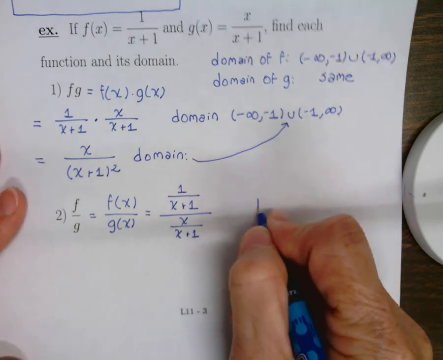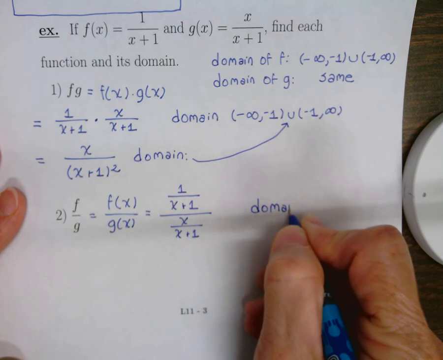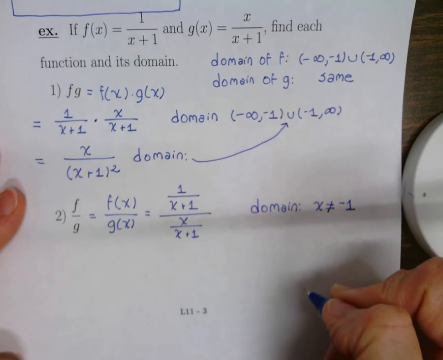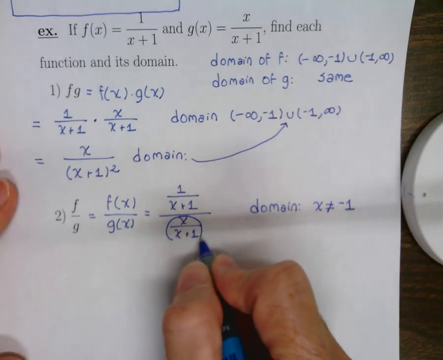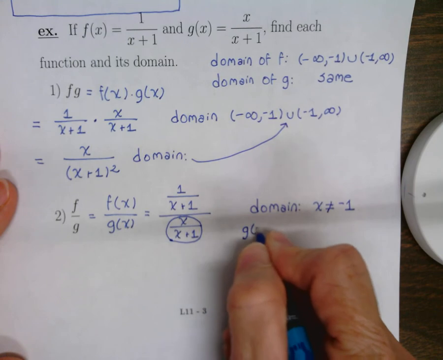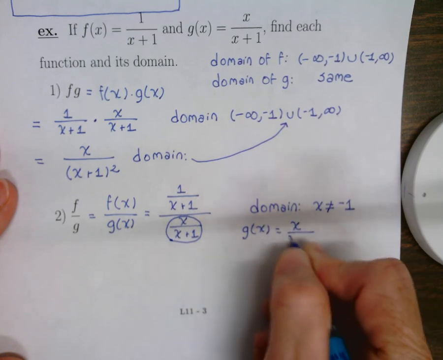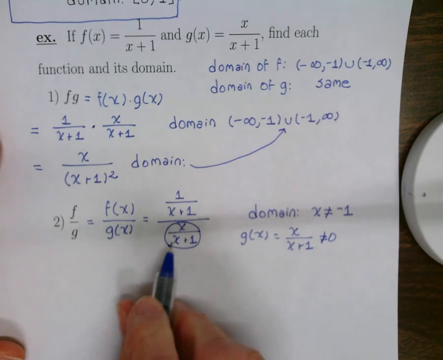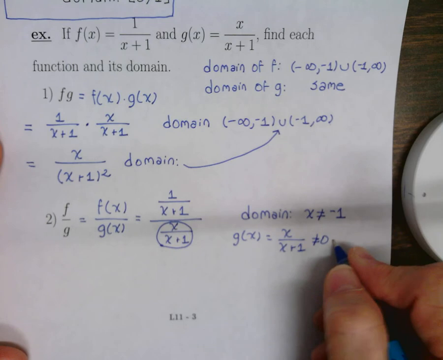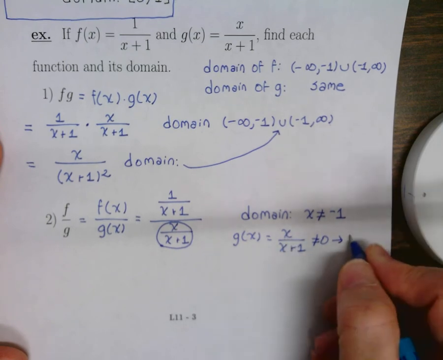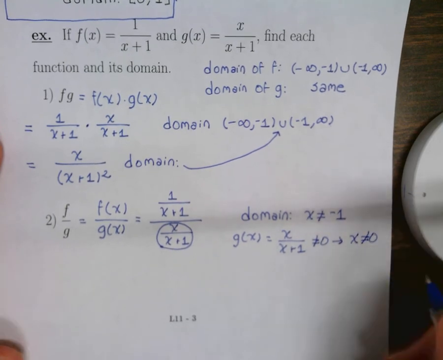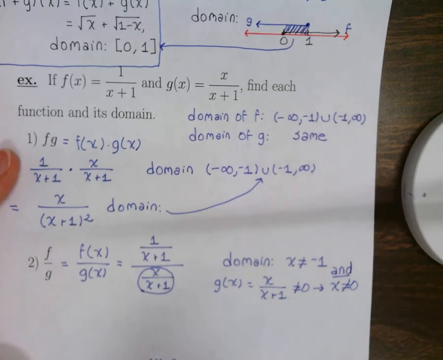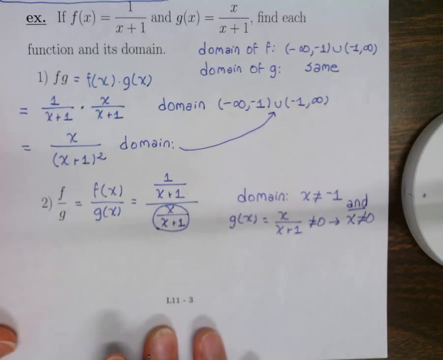And if we look for domain restrictions, we see that x can't be -1, but we also know that g of x can't be equal to 0, because if it is, I'm dividing by 0. And that will be true when the numerator is equal to 0. So x can't be 0. So those are the two restrictions that we have, and they're both in play. Okay, does that make sense?